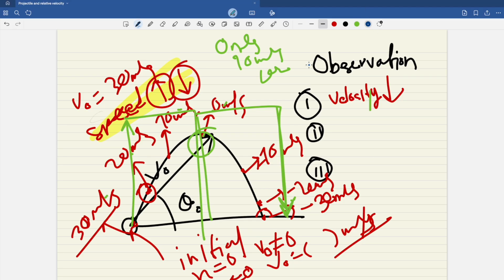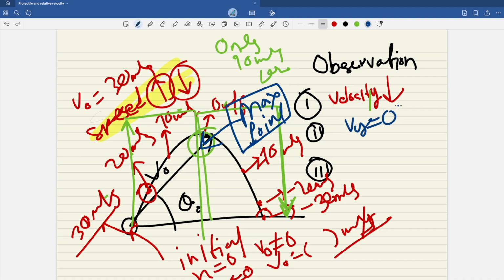This is the maximum point, and this made the speed increase. So how did it make the speed increase? How it made the speed increase was that Vy was equal to 0. That's how the speed increased.